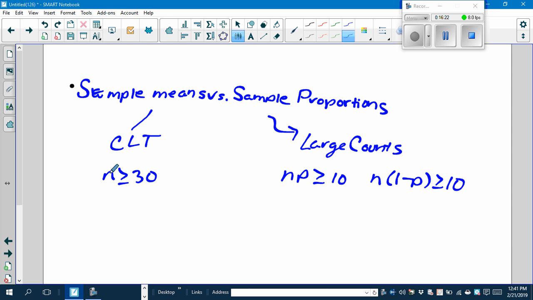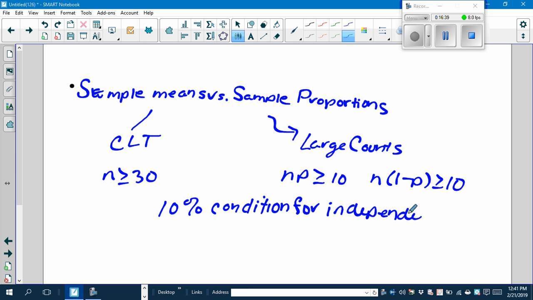They both have the 10% condition for independence. Make sure you check that every time, and that enables you to use the formula for standard deviation. Make sure you know the difference between those two.